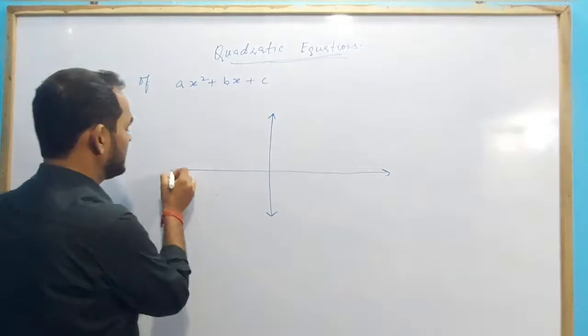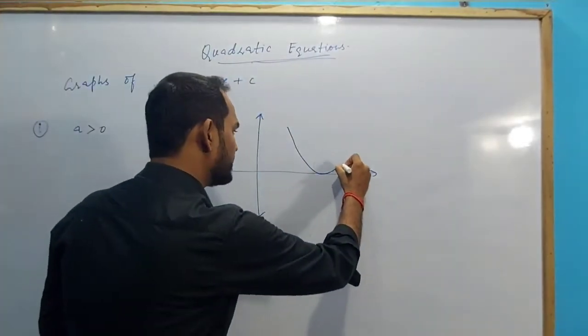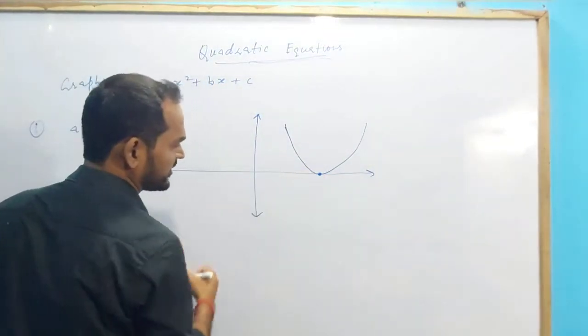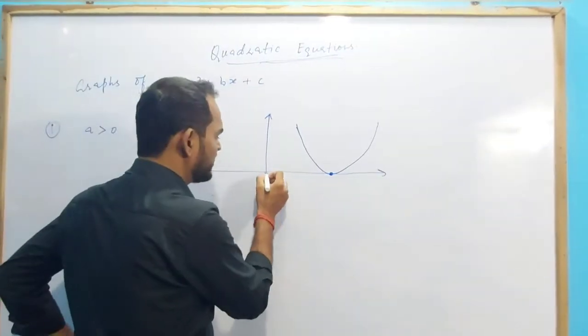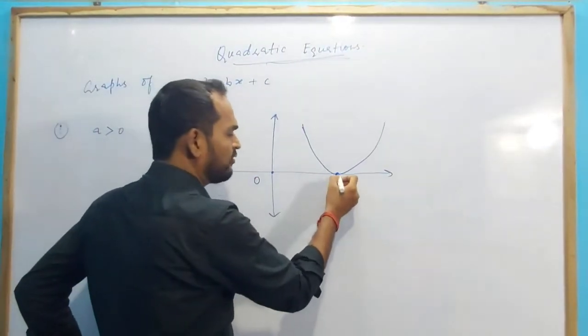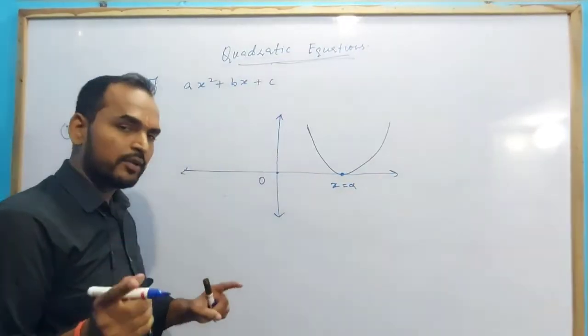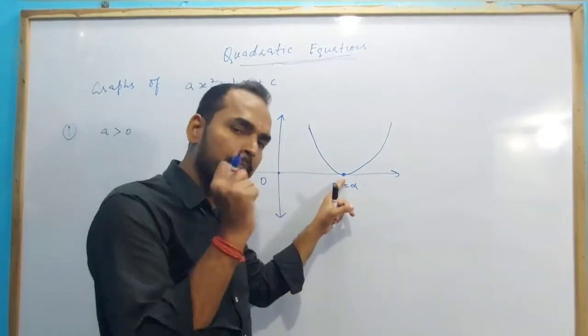Listen, here I am going to make you understand it. So it will be like this. When it is like this, it is just touching the x-axis. This is the origin, and suppose here it is x equal to alpha. Then there is one and only one root here, or you can say two roots but at the same point.